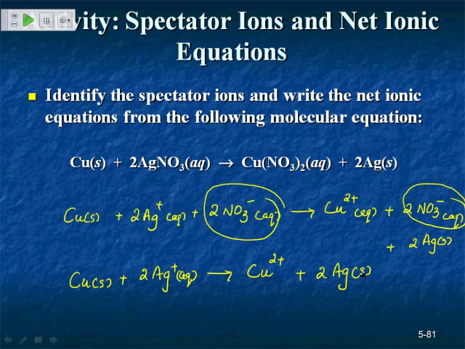This one, this is Ag plus Aq. This side you have the Ag solid. So this is your net ionic equation. This is the ionic equation, and this one which is given to you is the molecular equation, and we have circled the spectator ions.